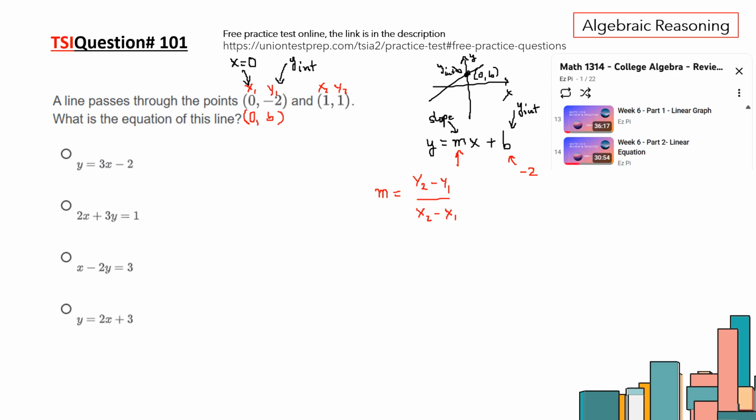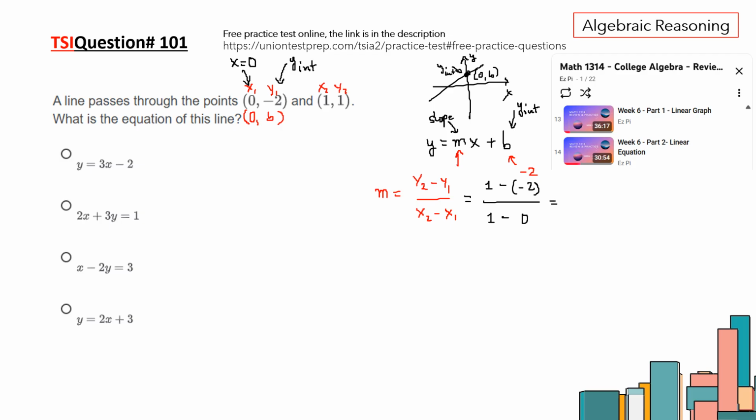Okay, now we plug in. We have y2 equal to 1, minus y1, and y1 has the value -2, so make sure you have the parentheses and plug in the -2 inside. x2 is 1 minus x1 which is 0.